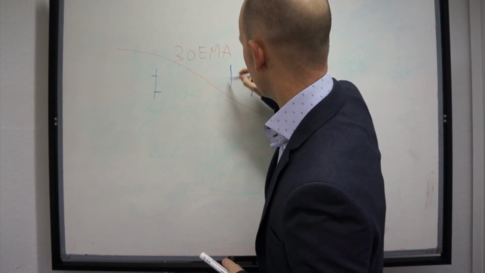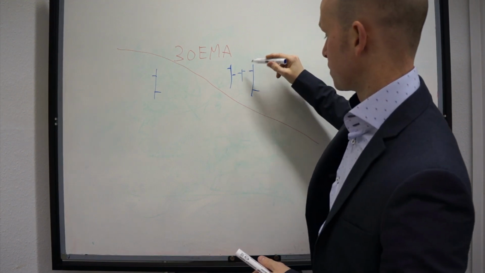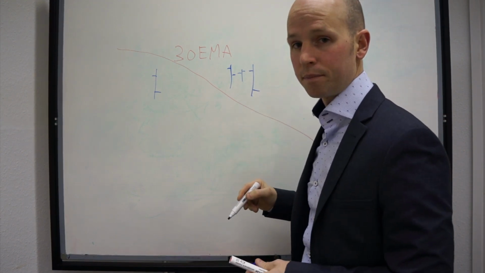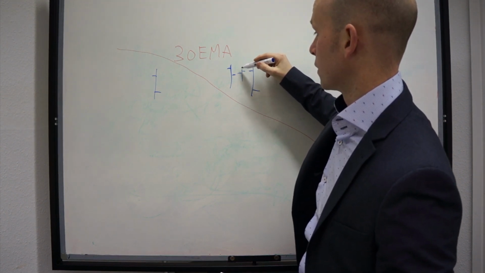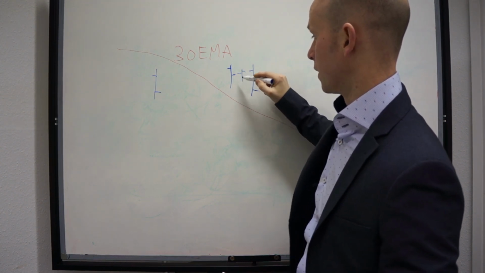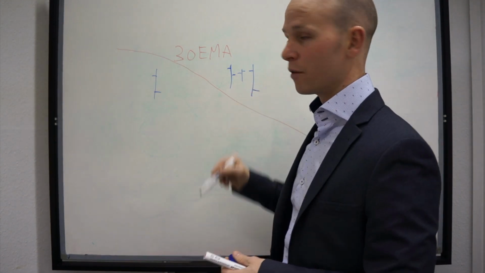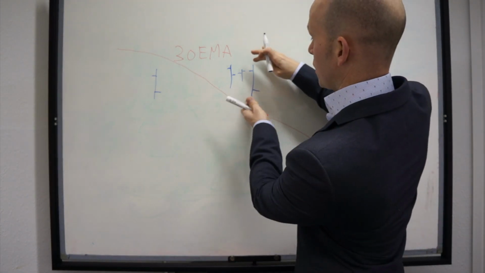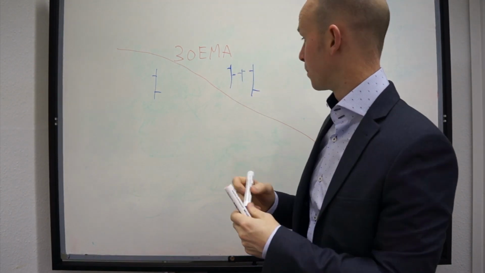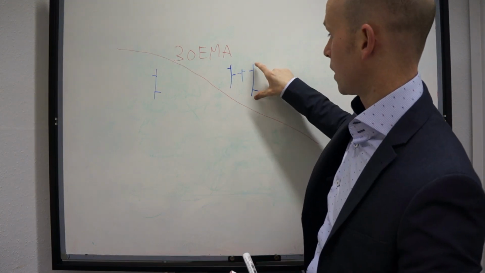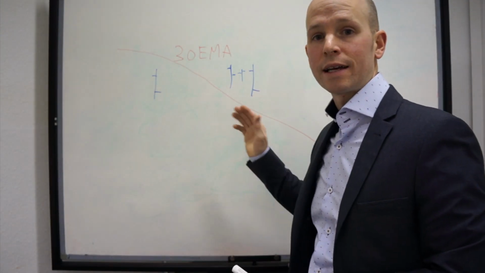So there's some more bars here, and this bar here happens to be an outside bar because the high is greater than the high of the previous bar, and the low is lower than the low of the previous bar. So the whole bar is outside of the bar prior to it, and because the whole bar is above the 30 period exponential moving average, that's our setup bar.